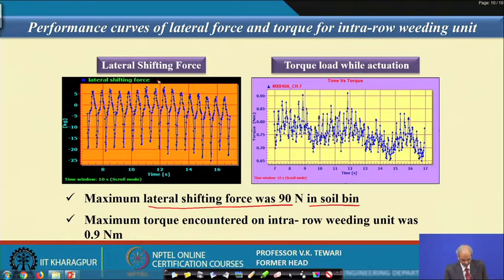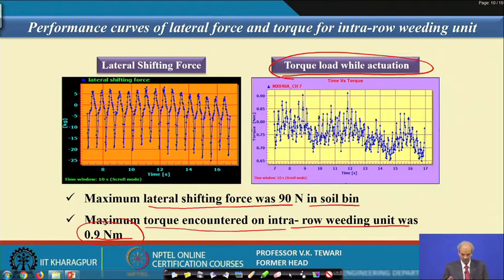Then the maximum torque encountered in the intra-row weeding unit: when it goes to intra-row weeding, that means within a particular row, a torque is required. So, that value of torque has also been found here. You can see the torque while in actuation. We could measure that this value is about 0.9 Newton meter.